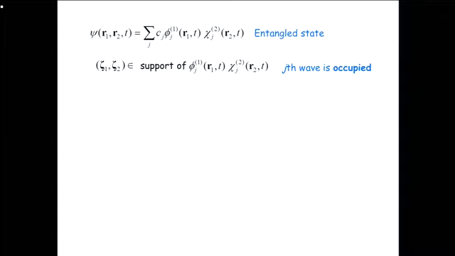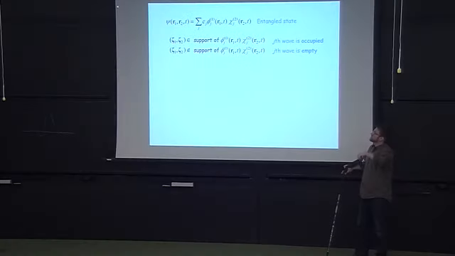I'll say the jth wave is occupied if the Bohmian positions of particles 1 and 2 lie in the support of that term. And if the Bohmian positions don't lie in the support of one of these terms, then I'll say that that wave is empty. So it's the same definition we had before, but now it's whether the Bohmian configuration lies in the configuration space support of that term of the total wave function.